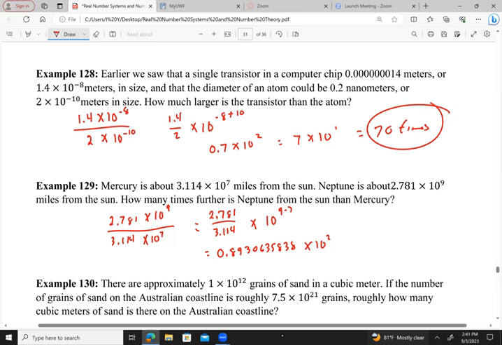Now it doesn't say in scientific notation, so this means move our decimal place 2 places to the right and we get roughly 89.3 times as far.